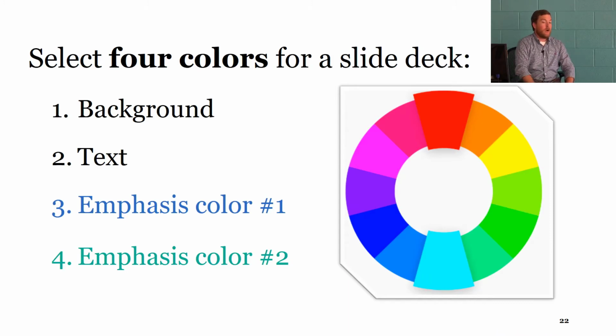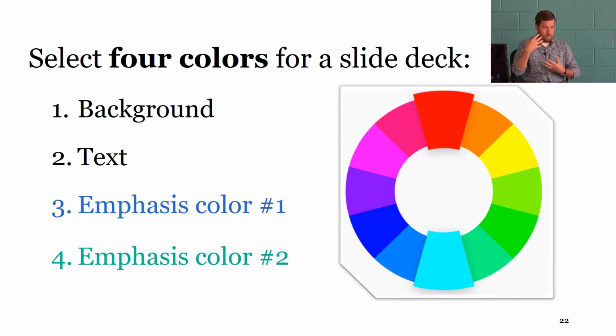All right, so you really only should have 4 colors in your whole slide deck. You want 1 color for background and 1 color for text. Most of the time, I'm going to stick with black and white for those 2 things: either a black background or a white background, and then white text or black text.